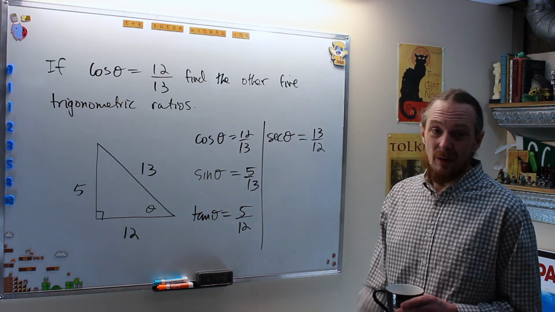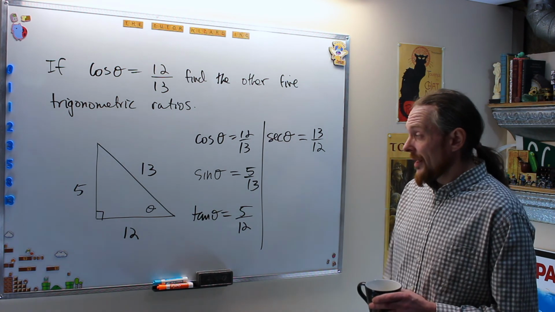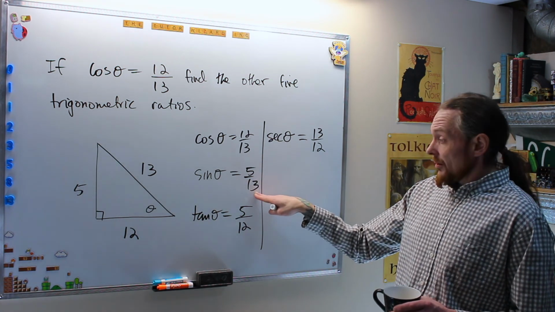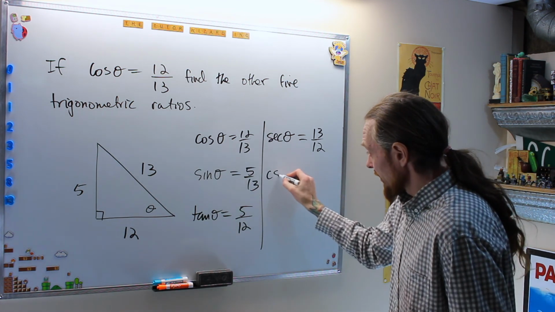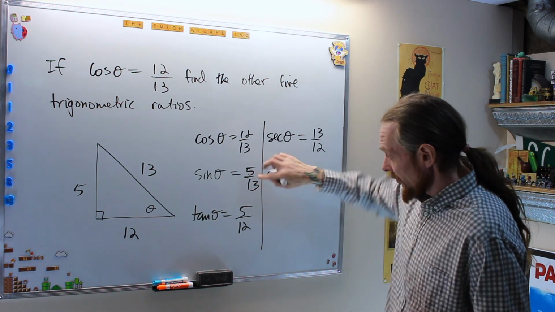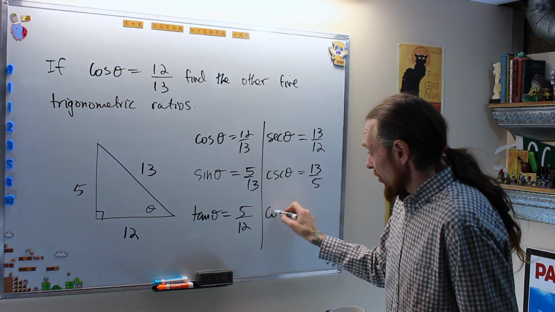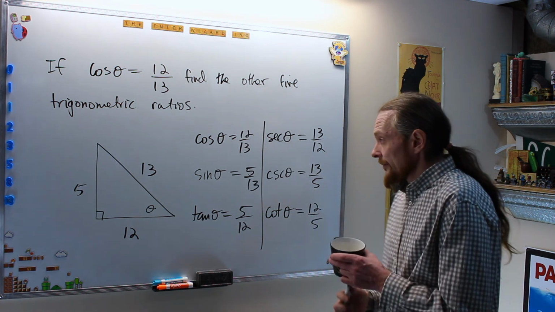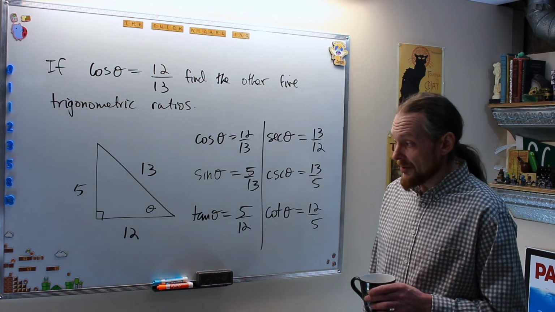Notice that cos is always a number between -1 and 1, and therefore secant is always larger than 1 in magnitude. Cosecant of theta is the reciprocal of sine, so 13 over 5, and cotangent of theta is equal to 12 over 5. These are the 6 trigonometric ratios in a right triangle.